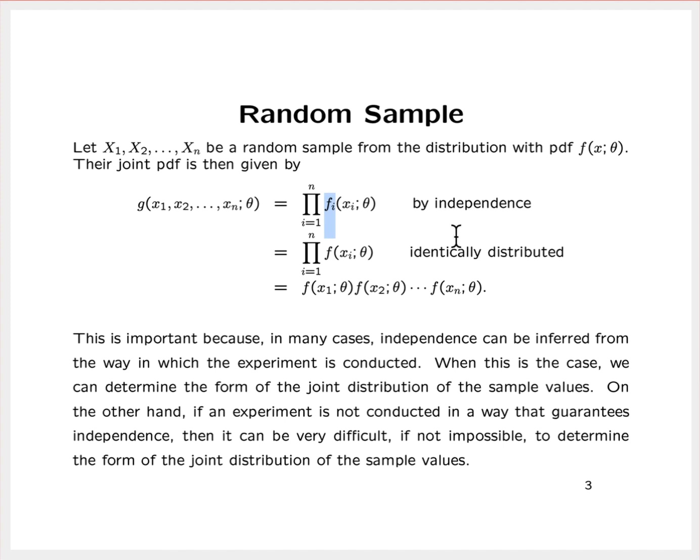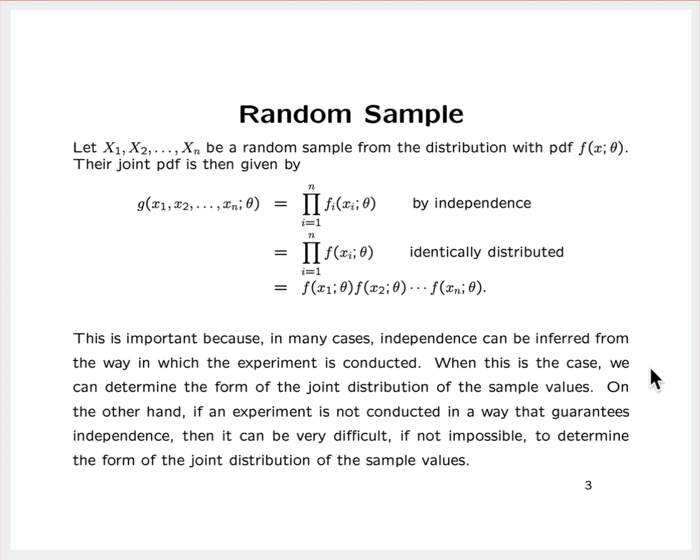But then because these random variables are identically distributed as well, each of these marginal PDFs, f sub i, is equal to f, this common PDF. And so in this situation, when we're dealing with a random sample, the joint PDF is equal to the product of the marginal PDFs, and each of those is the same. It comes from the same distribution.